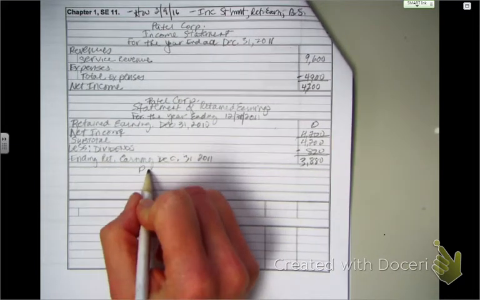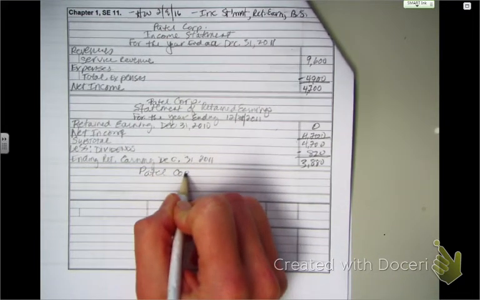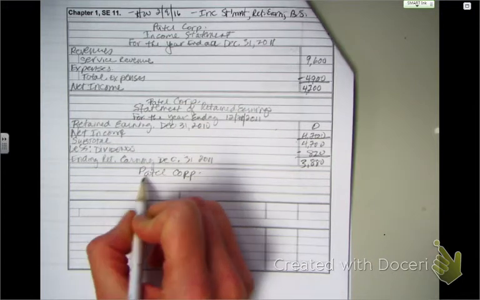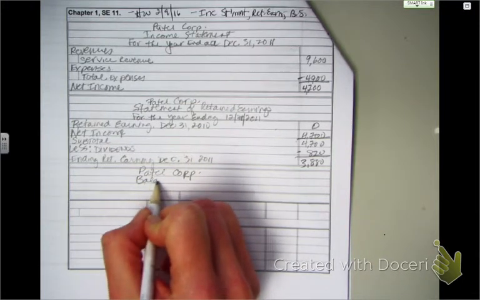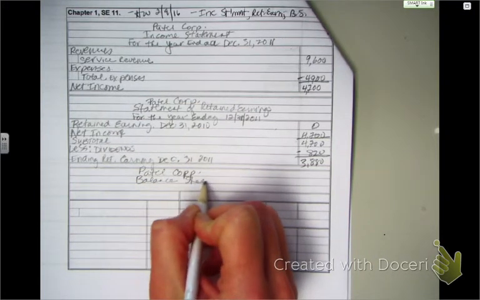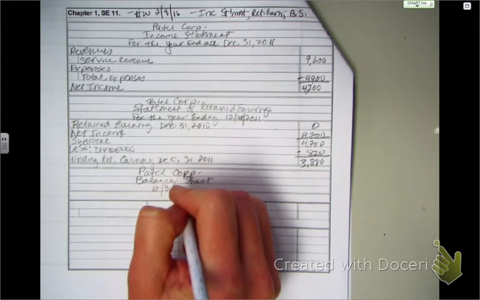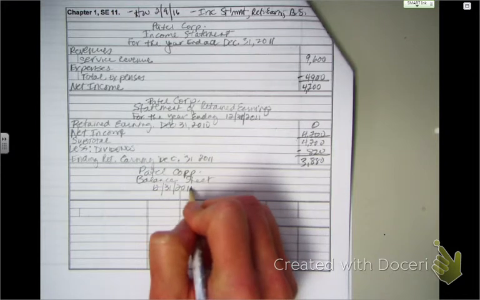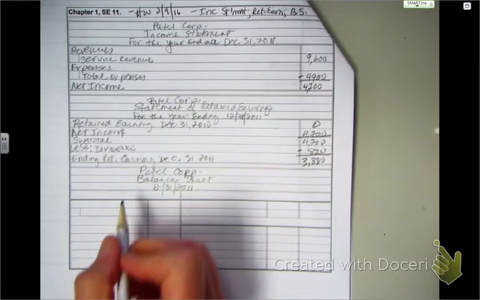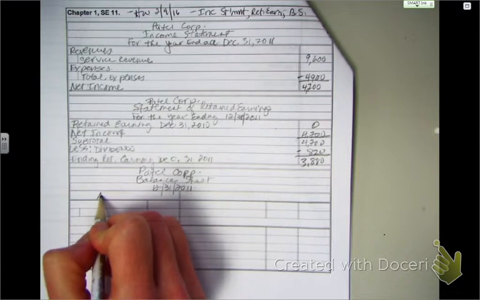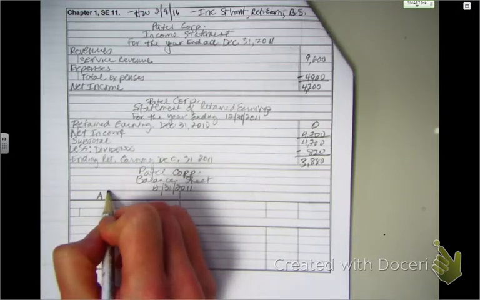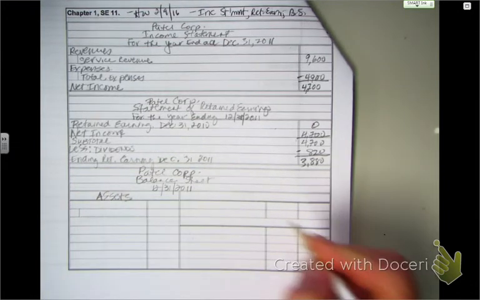Then what? We have our balance sheet. Okay. And that is as of the specific date, correct? And what do we have on the left side? What do we have on the left side? And what's on the right side?